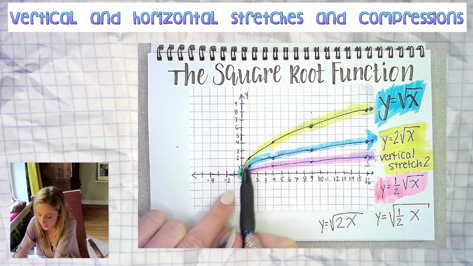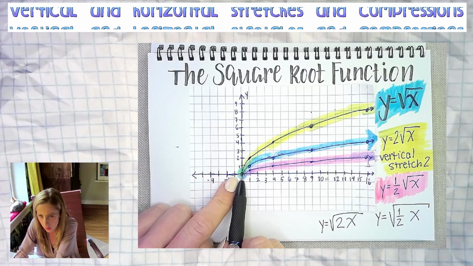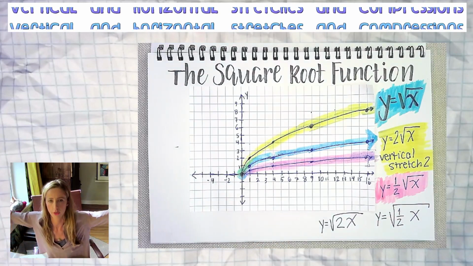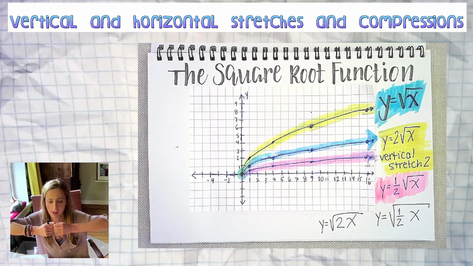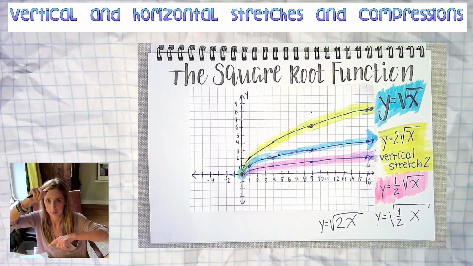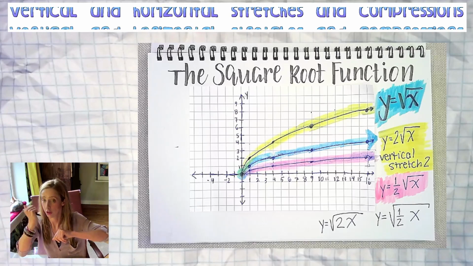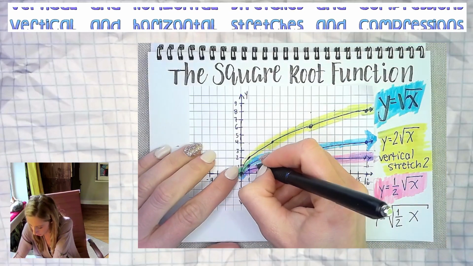So instead of up 1 over 1, I'm going to stretch it like this by 2. So instead of up 1 over 1, I'm going to go where? Which way? Over or up? Over 2. Because it's horizontal like this. So up 1 over 2.